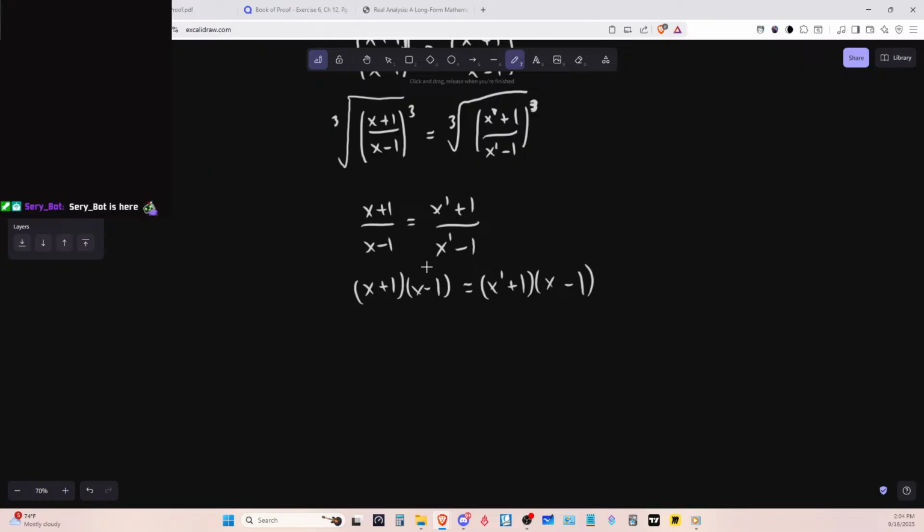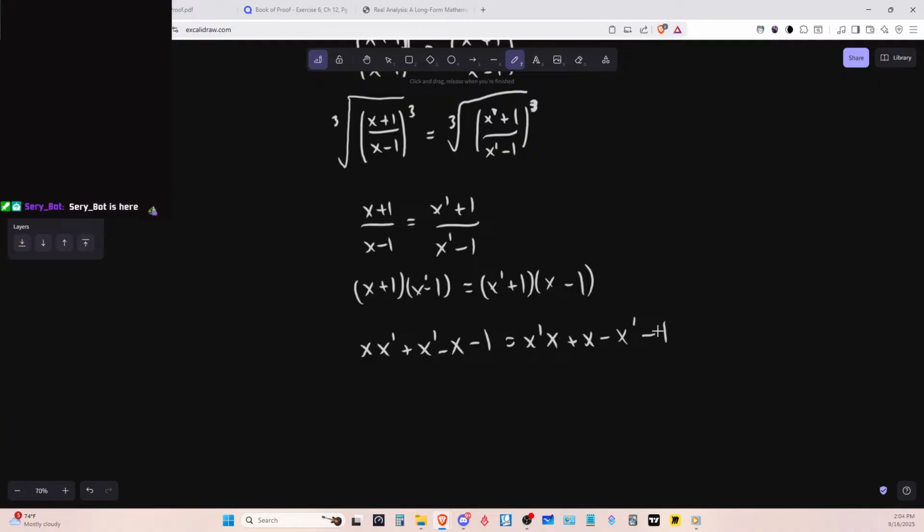This is x prime here. Don't want to mix those up. So we have x and x prime plus, do x prime minus x, and then that will be negative 1. And then this side we have x prime with x, and then x minus x prime, and then minus 1.